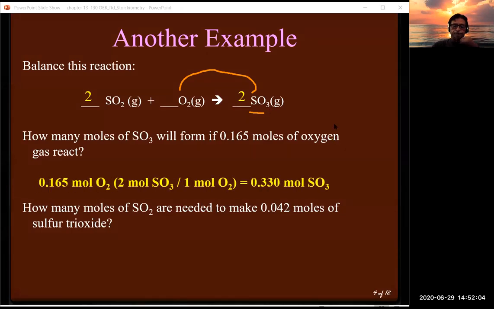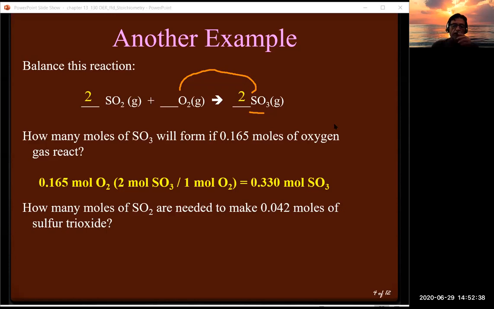And so we set up the problem. Write down what we're given, 0.165 moles of oxygen. From the balanced chemical equation, we're looking for sulfur trioxide, so that is in the numerator. So that's a 2 over 1 oxygen. And so you can see that it will form twice the amount of oxygen, because it's a 2-to-1. So we just simply multiply 0.165 times 2.